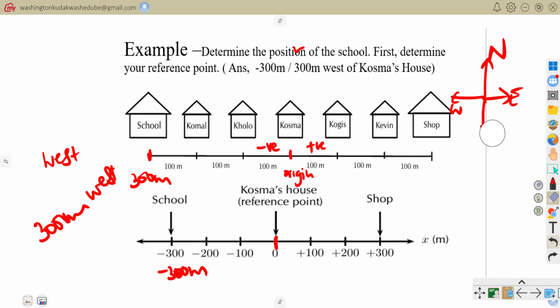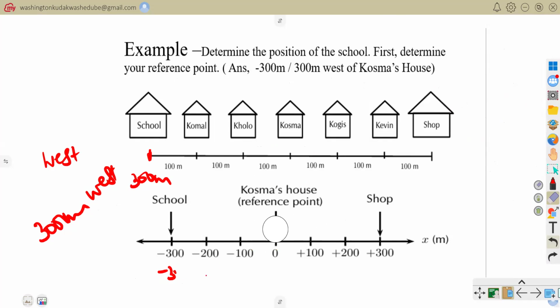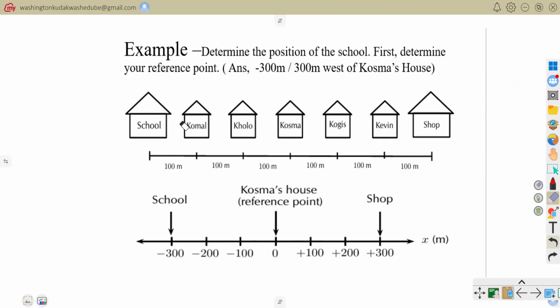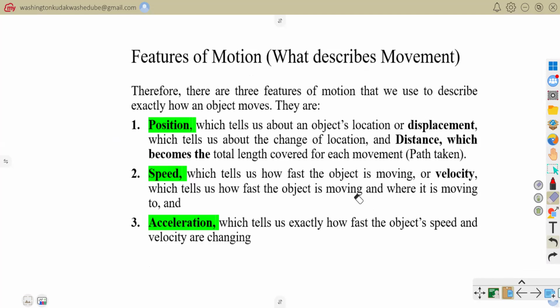So when we want to study the motion of objects, we need to first determine the reference point. Where are we starting at? Once we have determined that, we can describe our movement in terms of different features.